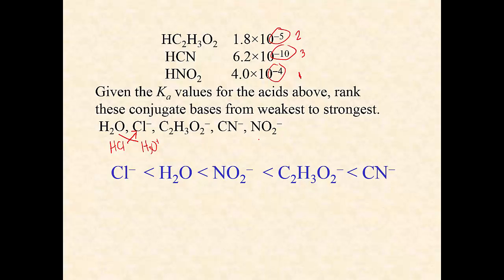Again, we said the weakest, then the nitrite, then our acetate, and the strongest of the conjugates is going to be the cyanide because it's coming from the weakest acid. So the stronger the acid, the weaker the conjugate. We actually are going to care more about the opposite of that. The weaker acids are producing stronger conjugate bases.